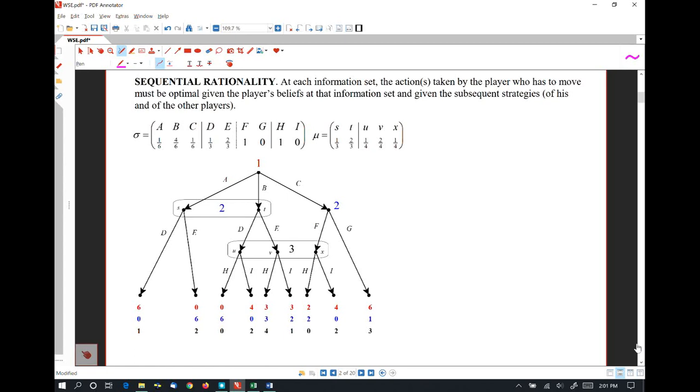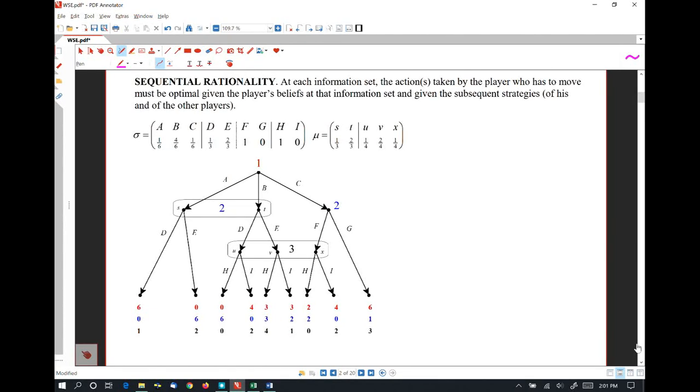So sigma is the behavior strategy profile, which tells me that player 1 plays A with probability 1/6, B with probability 4/6, and C with probability 1/6. For player 2, we have that player 2 plays D with probability 1/3, E with probability 2/3.